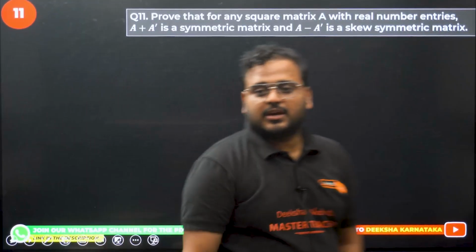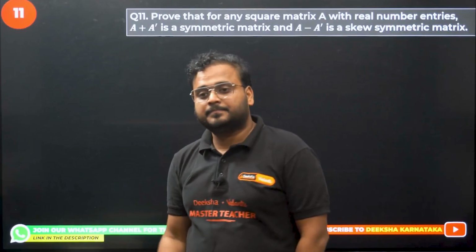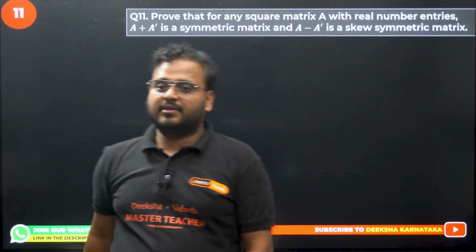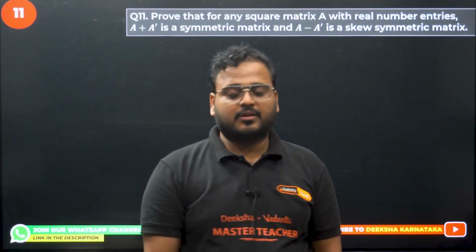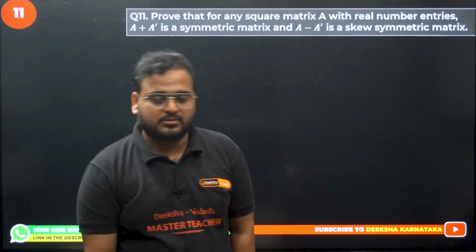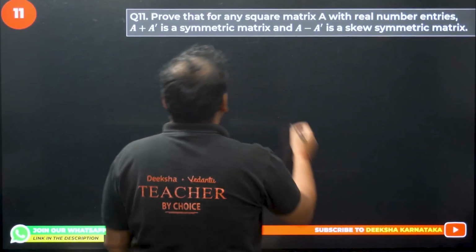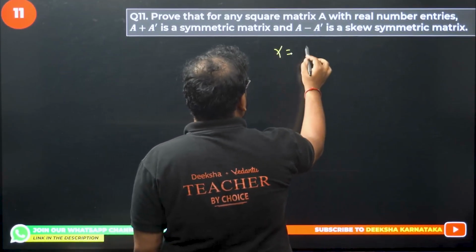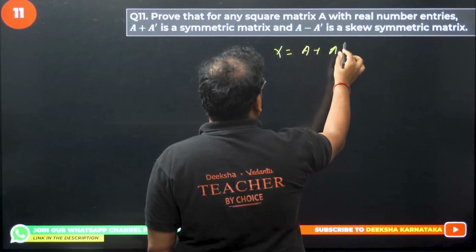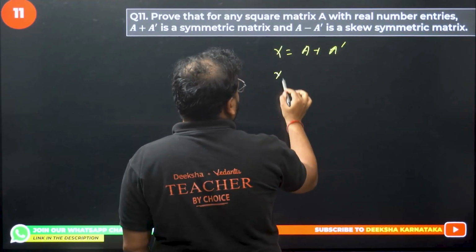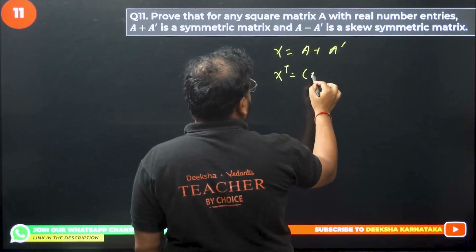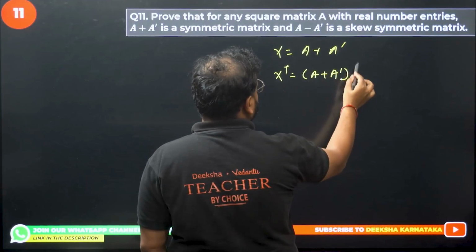Prove that for any square matrix A with real number entries, A plus A transpose is symmetric and A minus A transpose is skew-symmetric. Okay. So let me take X equals A plus A transpose. Let's take X transpose, you get the transpose of A plus A transpose.